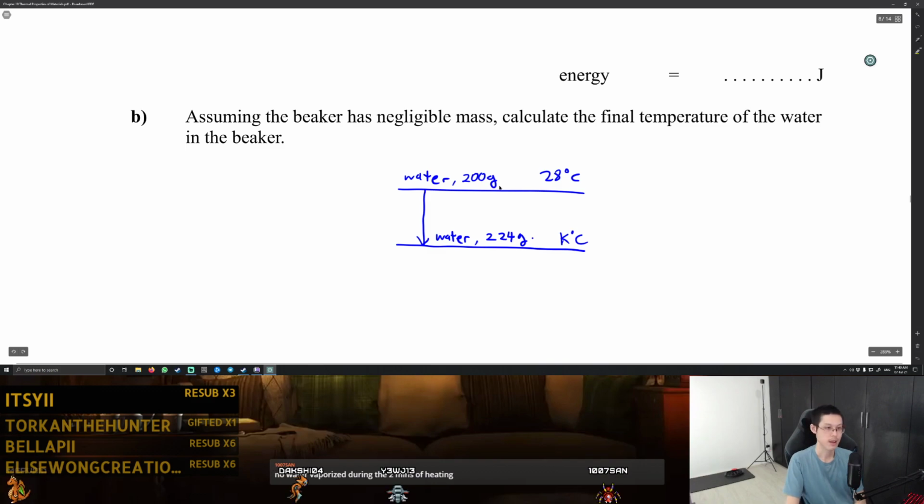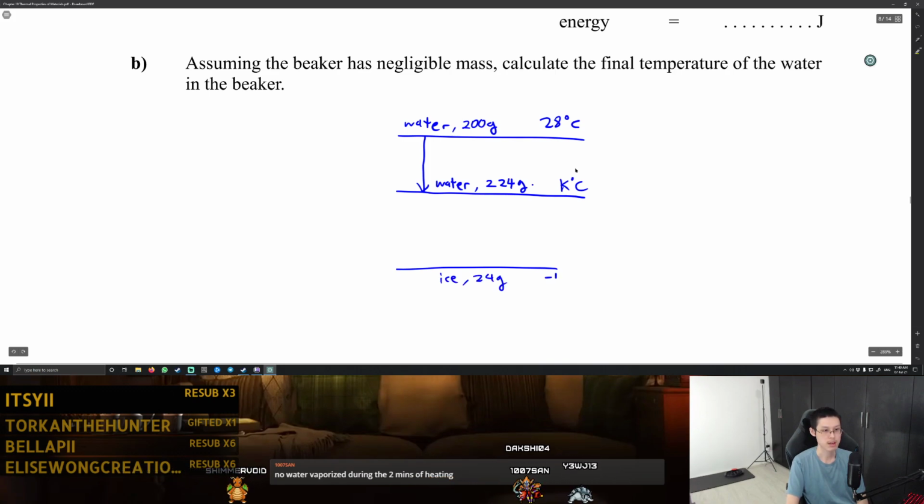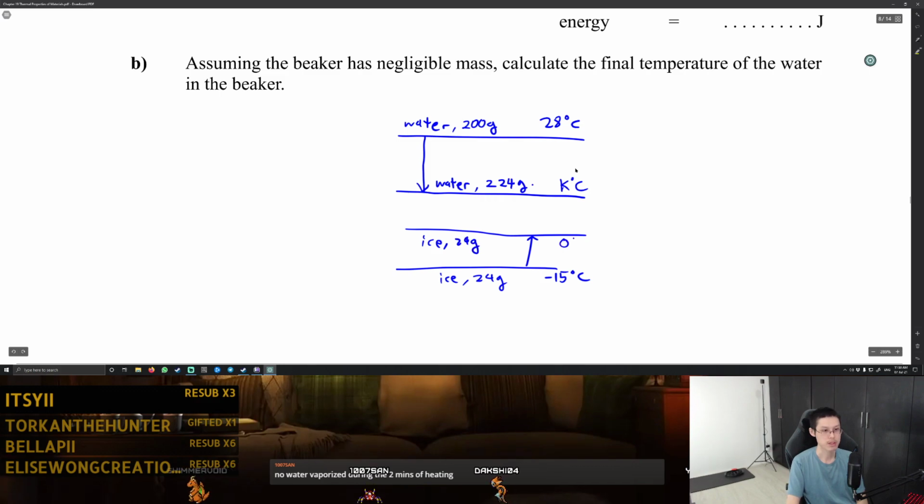Okay. And then you have your ice cubes, which you have put down here. Your ice cube is over here. Ice, 24 grams. It starts at negative 15 degrees Celsius, and then it's going to go up to ice again at 24 grams. But this is now 0 degrees Celsius, and then it's going to change state. So this is now water, 24 grams, 0 degrees Celsius.